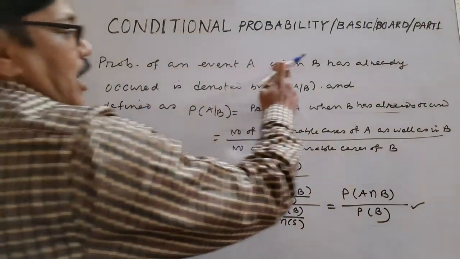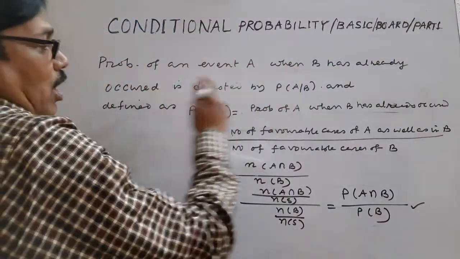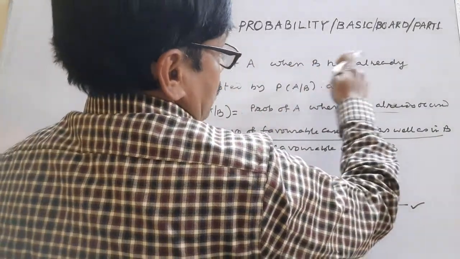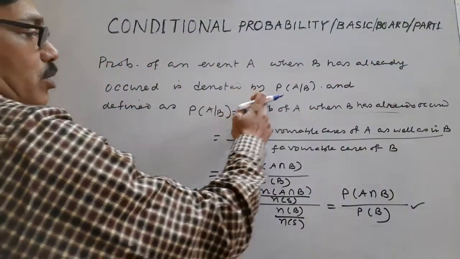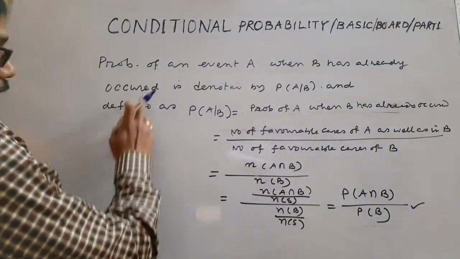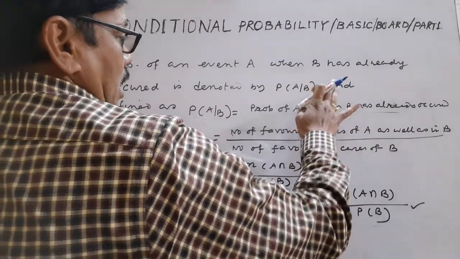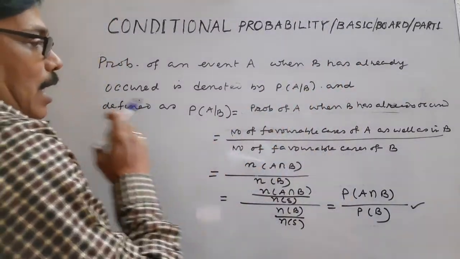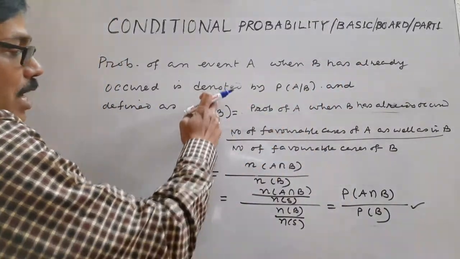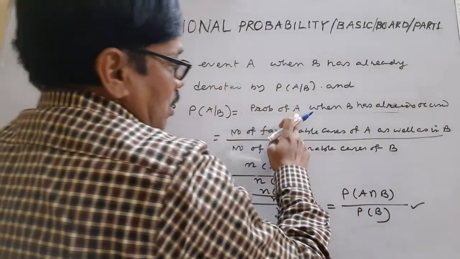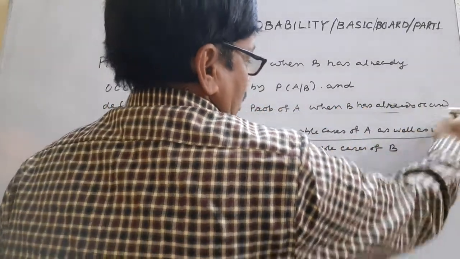Probability of an event A given that B has already occurred is denoted by P(A/B) and defined as P(A/B) equals probability of A when B has already occurred.